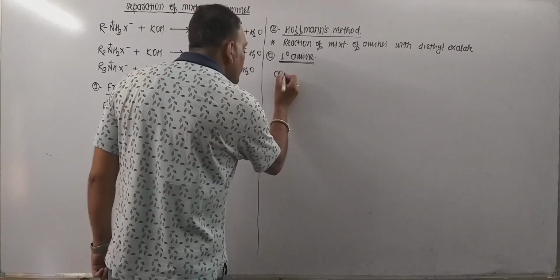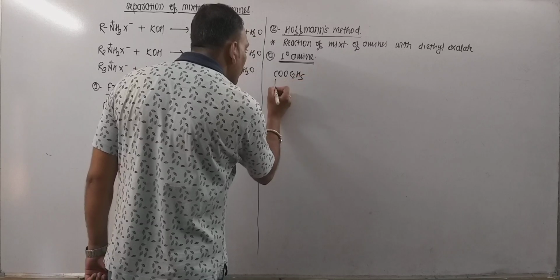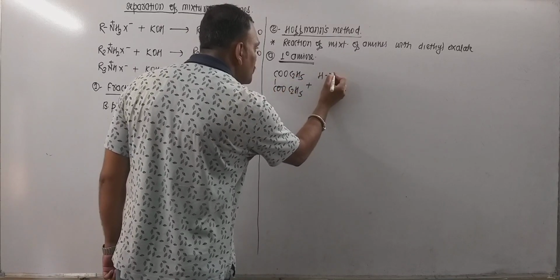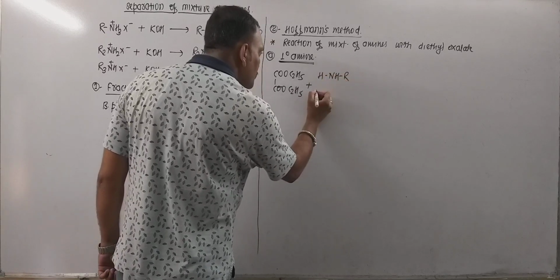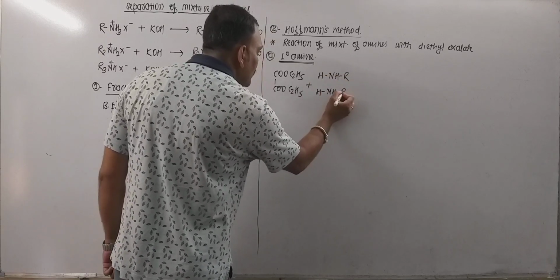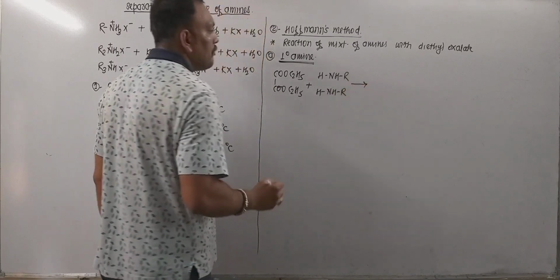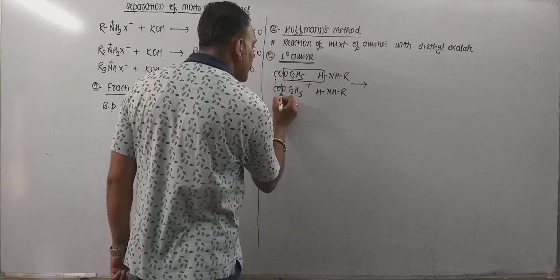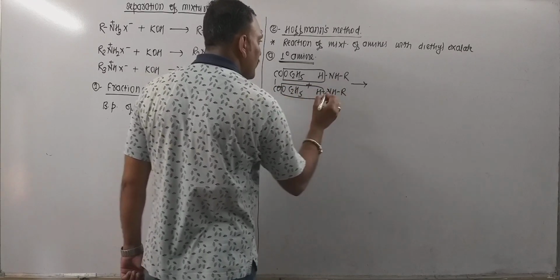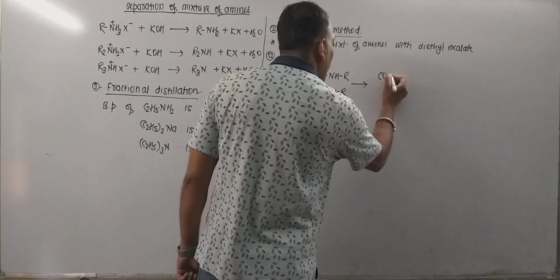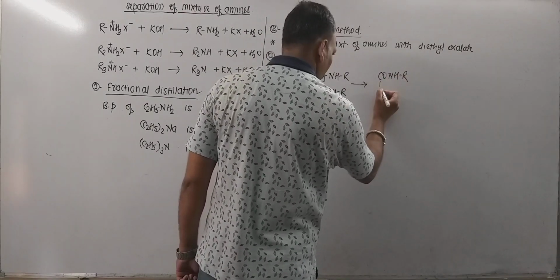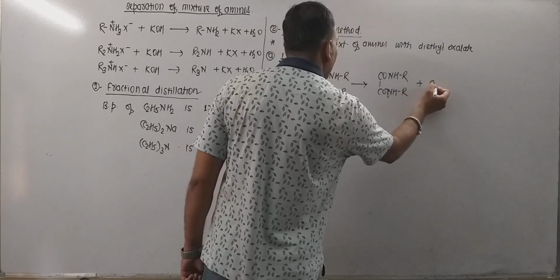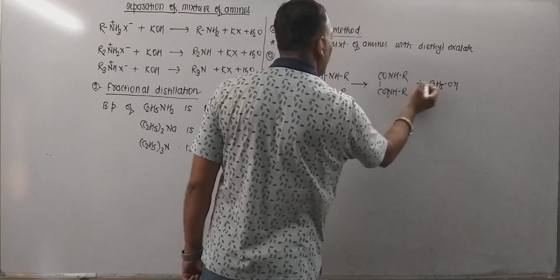So this is our diethyl oxalate, and remember, primary amines can be represented as RNH2. So primary amine reacts with this diethyl oxalate in this manner, and thereby a product is formed along with ethyl alcohol.